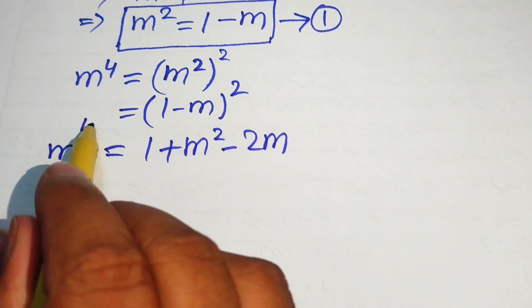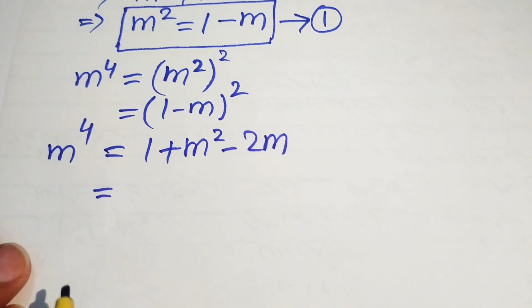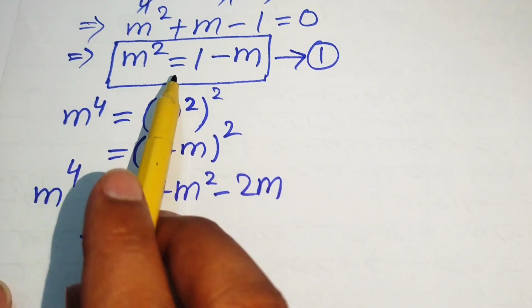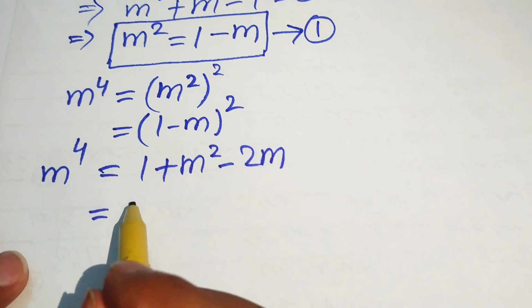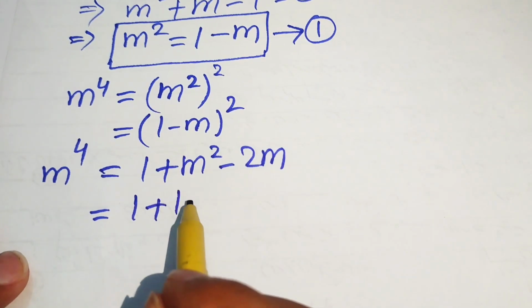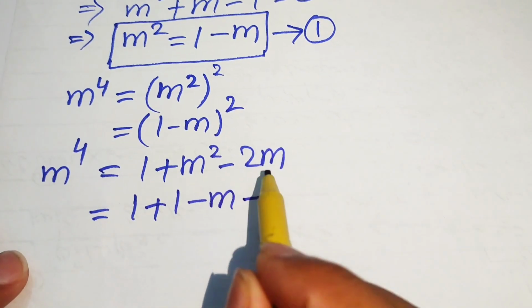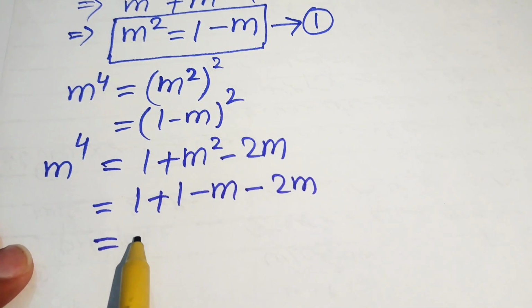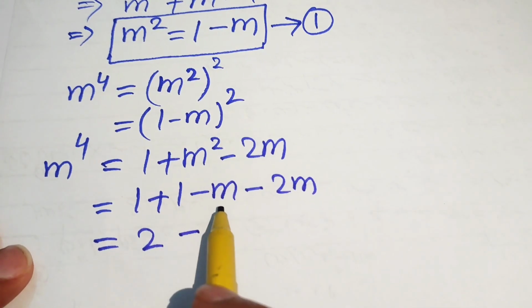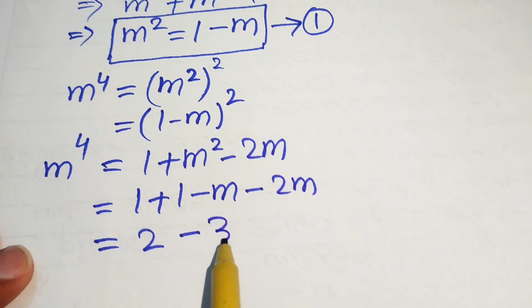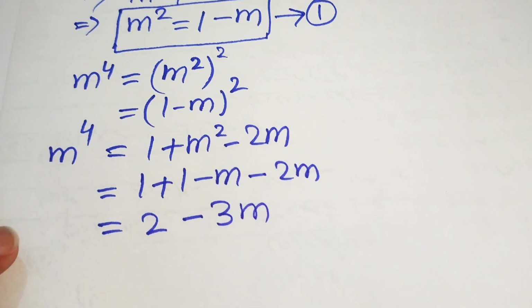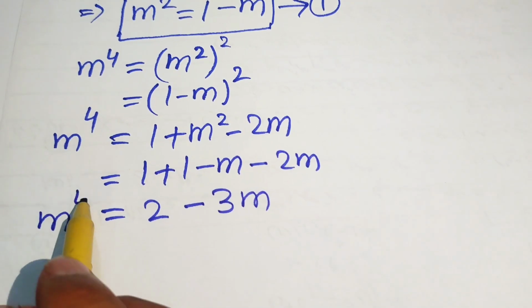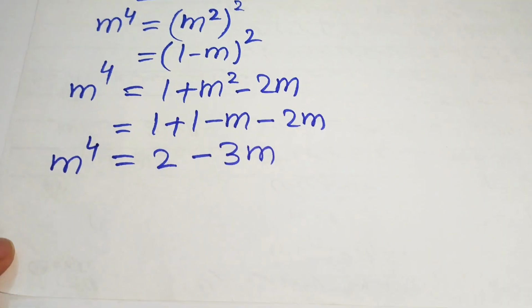So this is our m to the power of 4. Here we again use m square equals 1 minus m, and this is minus 2m. Now we simplify the terms and we get 1 plus 1 is 2, minus m minus 2m equals 2 minus 3m. So this is the value of m to the power of 4.